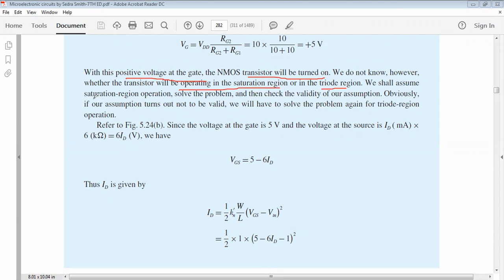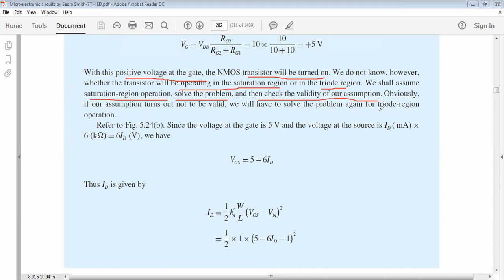We shall assume the saturation region, solve the problem, and then check the validity of our assumption. Obviously, if our assumption turns out not to be valid, we will solve the problem again for triode region operation.